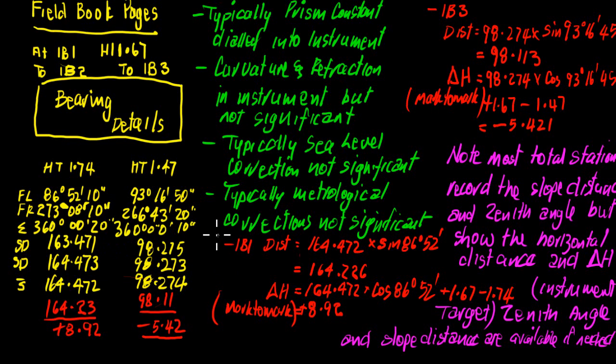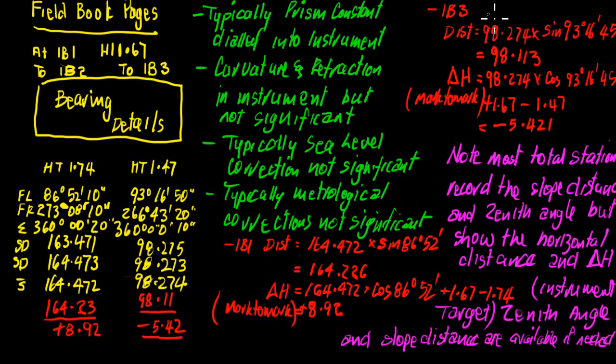But if you suddenly got one that was quite a bit different to all the others, you might want to re-observe that, because that's probably indicative of an error or something like that. But 360, 0, 10, so half of 10 is 5 seconds off each, so that would give us 93, 16, 45, which we've put up here.